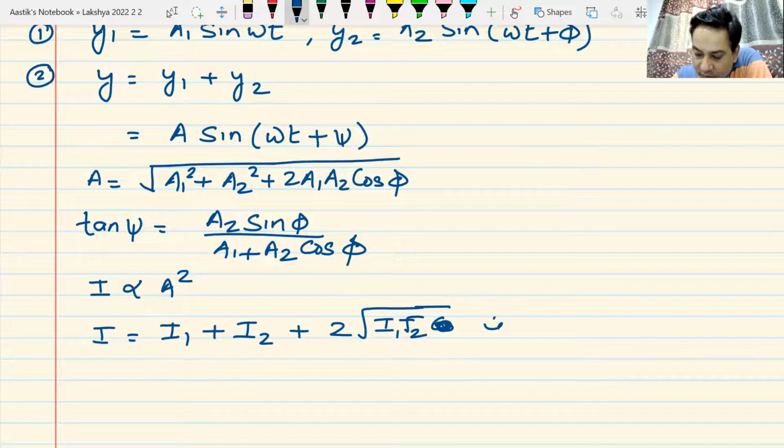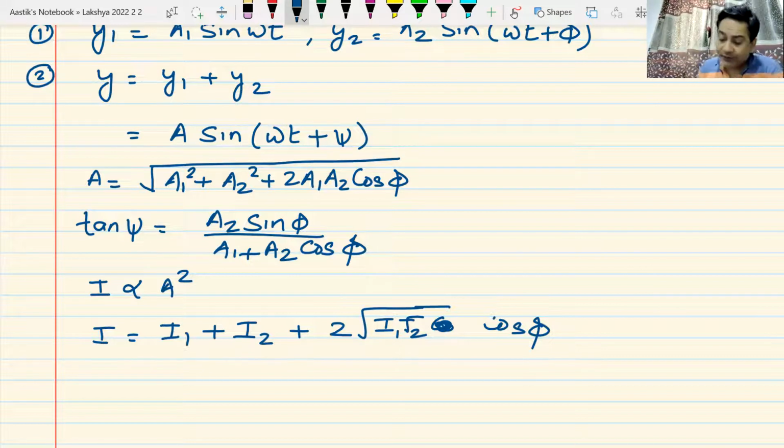Do we remember this? We also saw that when both their intensities are the same, I1 equals I2 equals I naught, we have a very nice formula: 4 times I naught cos squared (phi by 2).